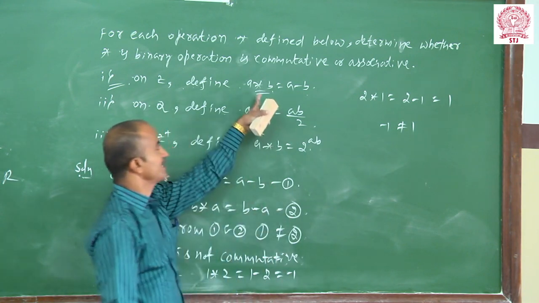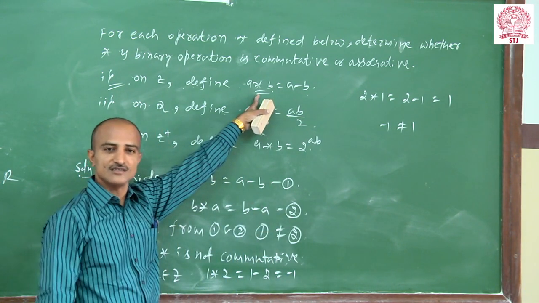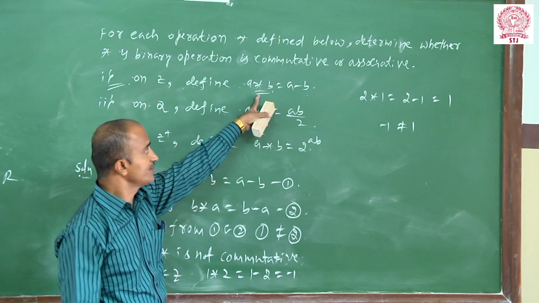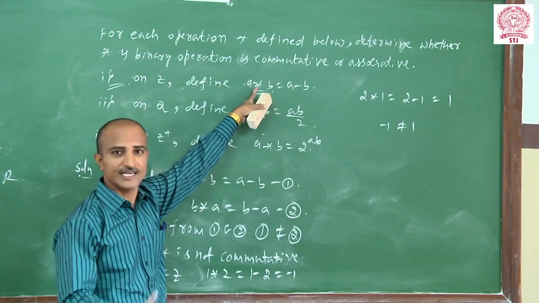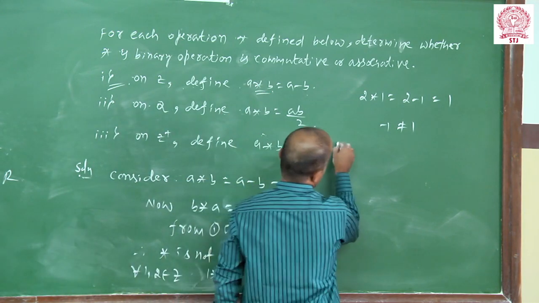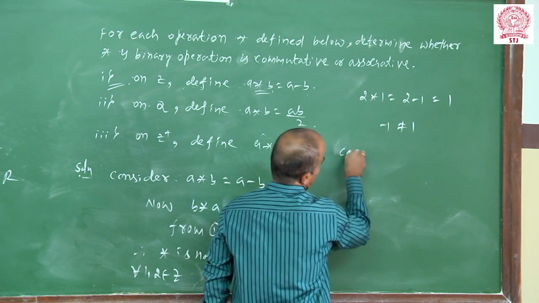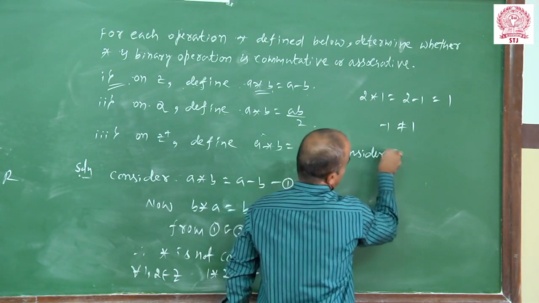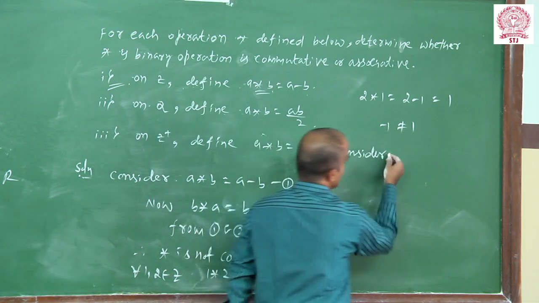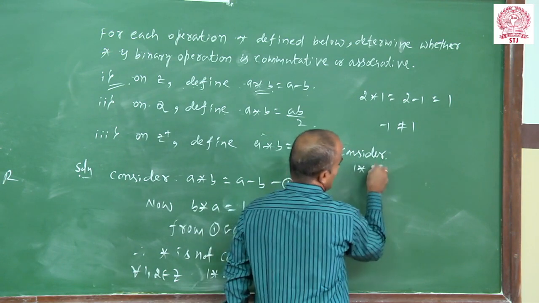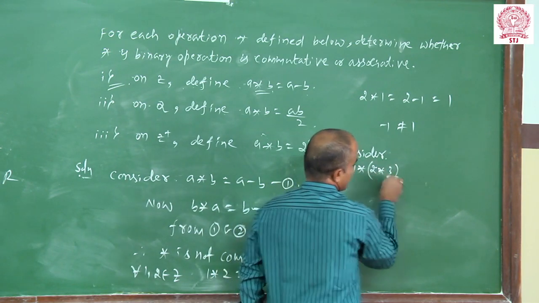Now we shall verify the associativity of the binary operation star. Consider 1 star of 2 star of 3.